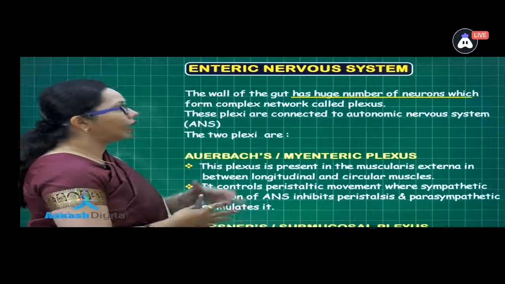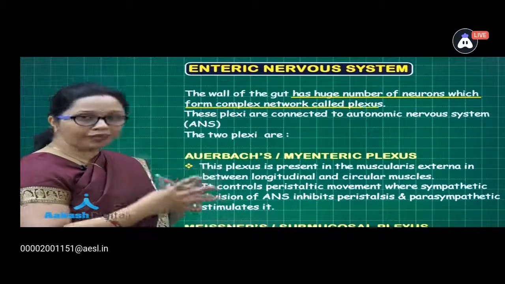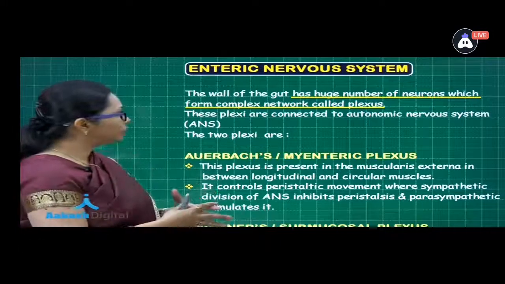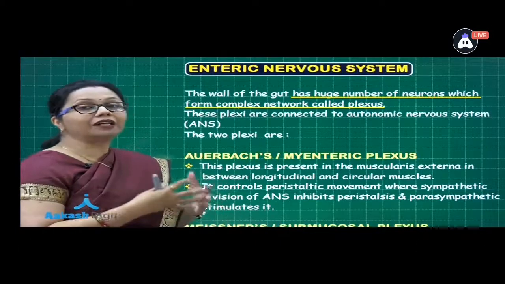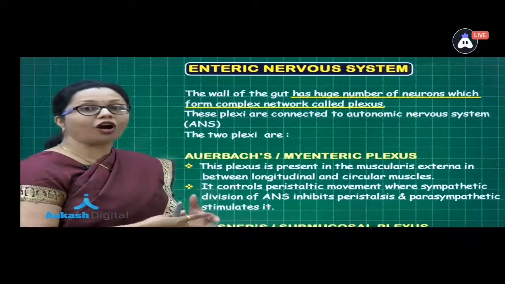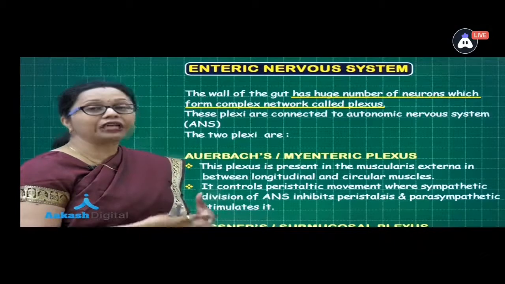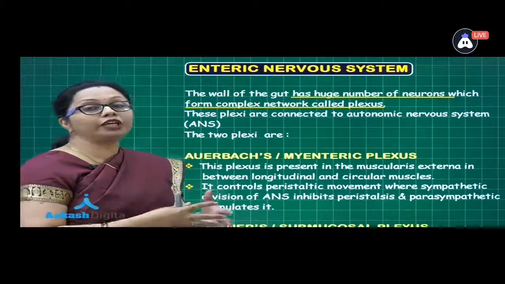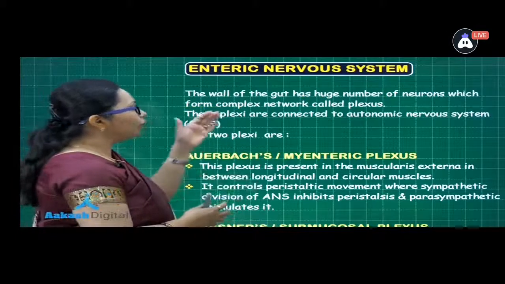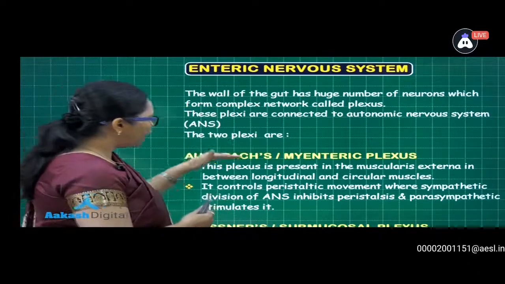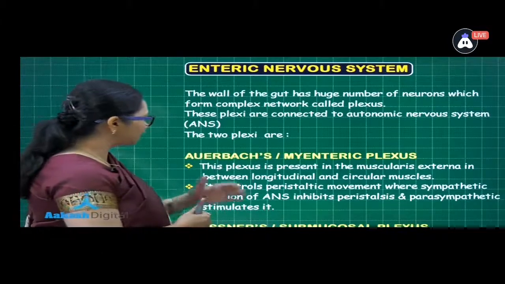The wall of the gut has many neurons which form a complex network called a plexus. One author has said that the gut is your second brain, because the number of neurons we have in our GIT is second only to the number that we have in our brain. And these 2 plexuses are Auerbach's plexus, and the other one is the submucosal or Meissner's plexus.